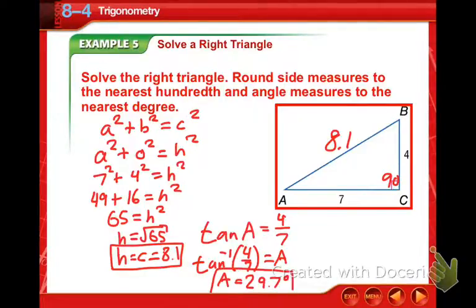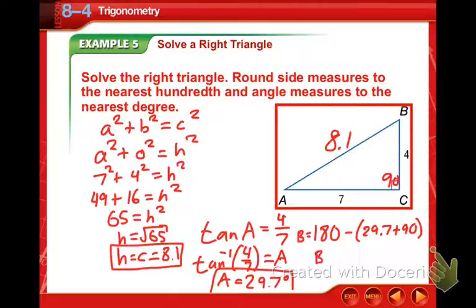Our last step now is to take that angle and our 90 and subtract them from 180. So 29.7 plus 90, all that subtracted from 180. So what we end up getting is our B. Ooh, that is a nasty looking B. There we go.